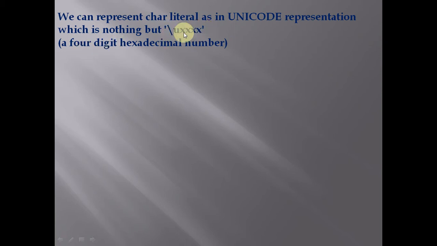These X are 4-digit hexadecimal numbers. Say if we have only 2 hexadecimal digits present, then the remaining 2 will become 0. So if we have A and C available, then the hexadecimal number will be 00AC in case of Unicode representation of character literals.